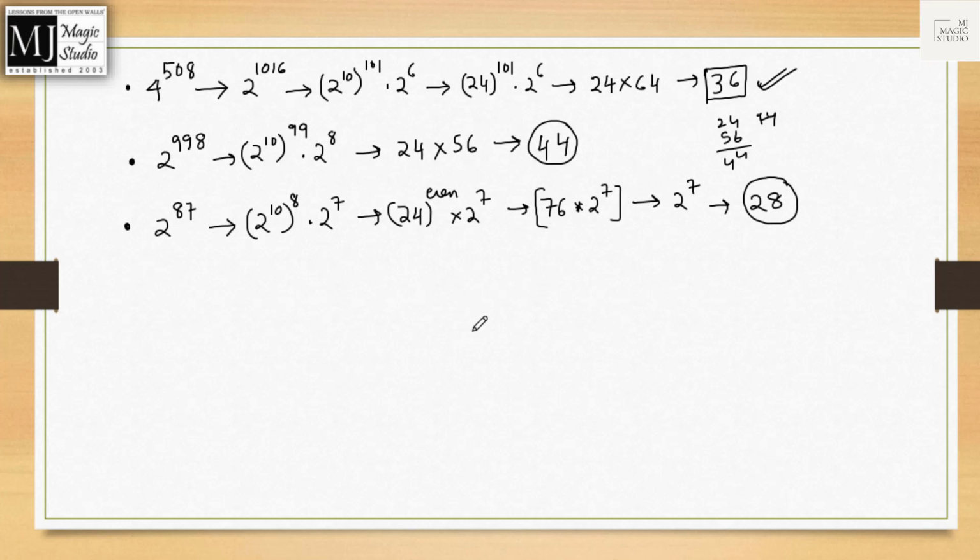Now in the end I want to summarize something which would be of great help for big powers. We know that last two digits of any number will repeat after 20 powers.